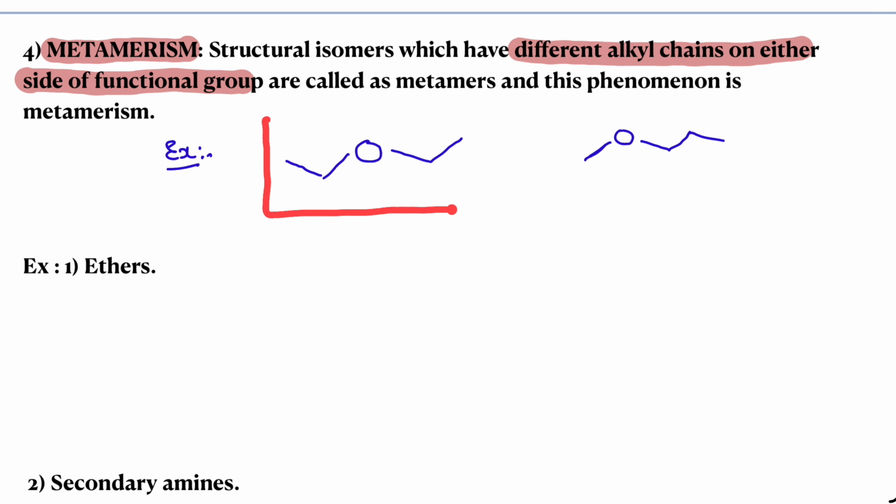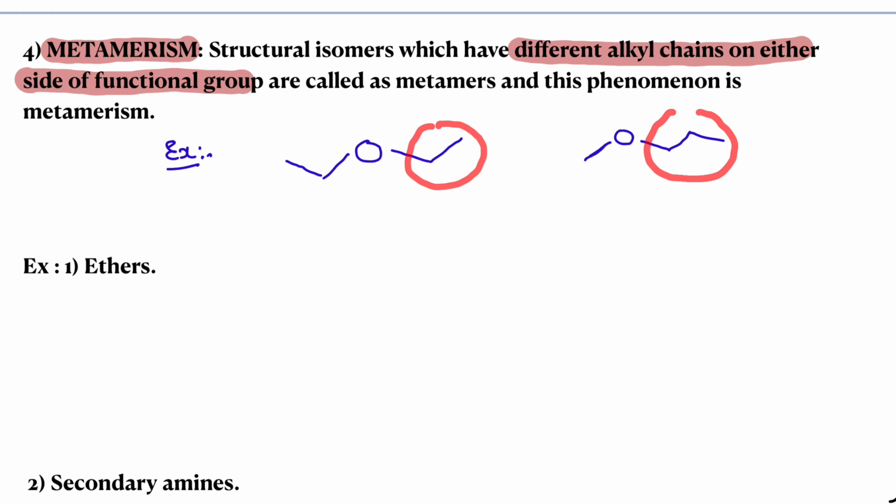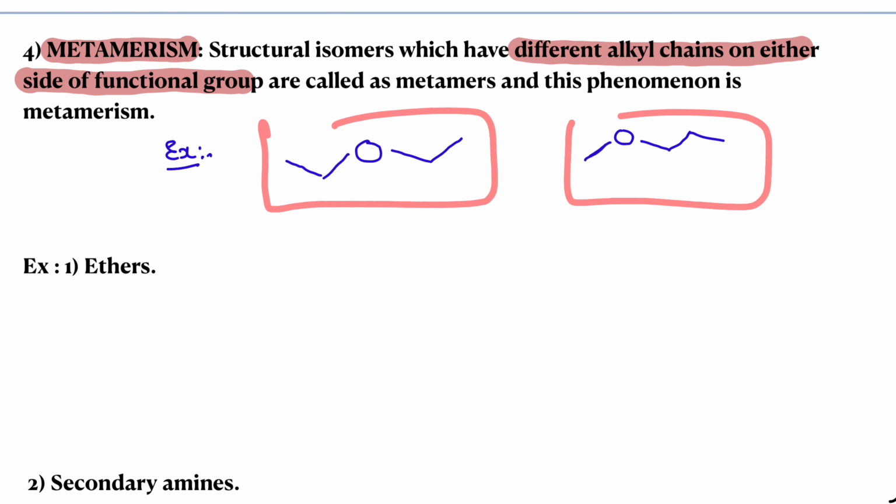See, this is one structure, this is another structure, and this is a functional group. On either side of the functional group, the alkyl chains are different. You see, this side it has an ethyl group, but here it has a propyl group. Here this side it has an ethyl group, but the second one has a methyl group. So the alkyl chains attached to the functional group are different, therefore they are said to be metamers. So this one and this one are said to be metamers.